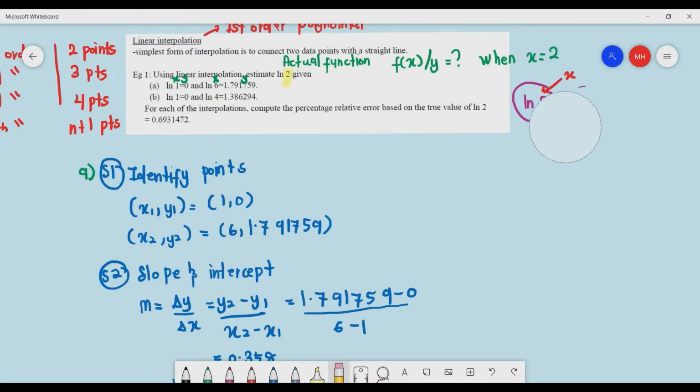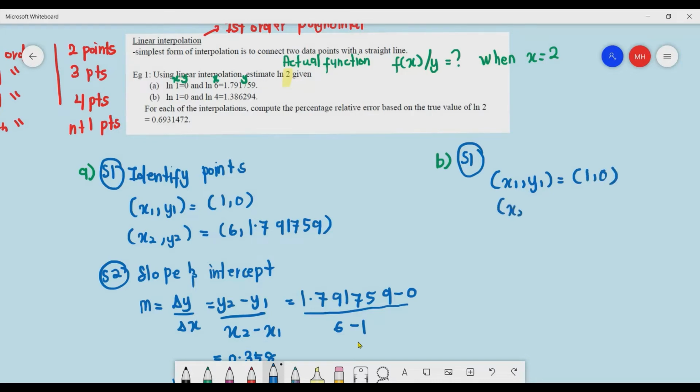Now we go to B. Let's erase this one. Same steps, we just change the values of x and f(x). Step 1 is to identify points. So x1, y1 is 1, 0, and x2, y2 is 4 and 1.386294.